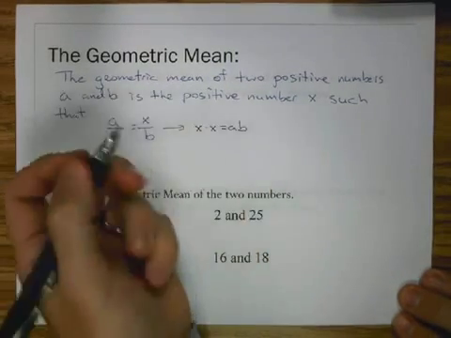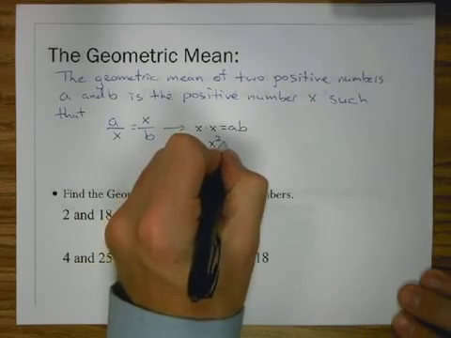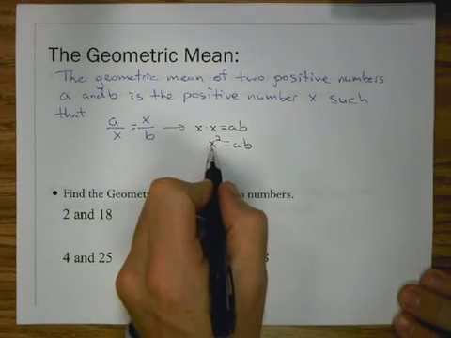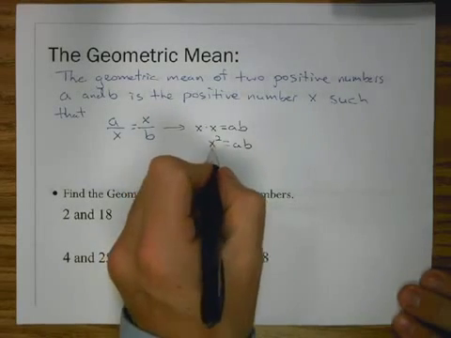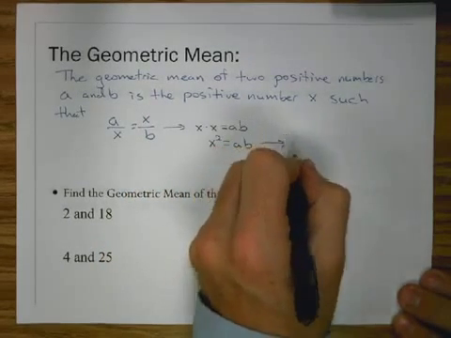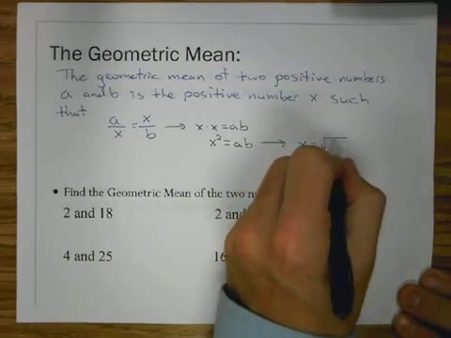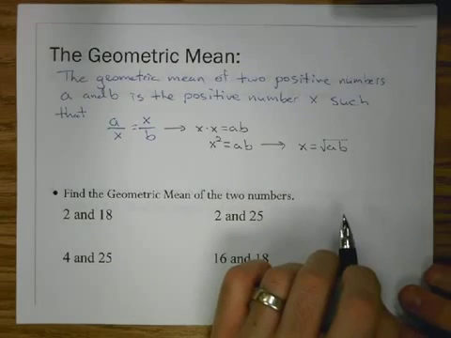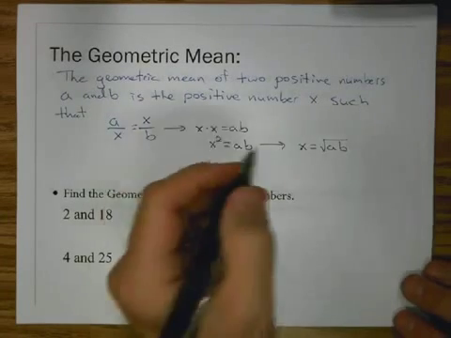Now, let's take that idea of cross product we had. If I took this and did cross product, I would get x times x equals a times b. Well, x times x is just x squared equals a times b. Let's clean this up a bit. Let's take the square root of both sides.